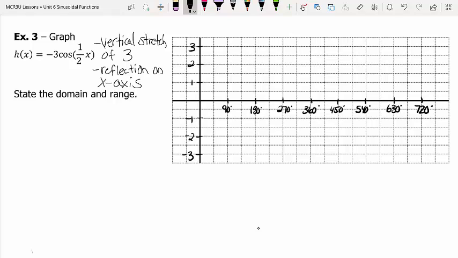And we can apply those at the same time. Instead of just multiplying our y values by 3, we could multiply our y values by negative 3 to do both those transformations at the same time. Then we also have a horizontal stretch by a factor of 2 because our k value is a half.